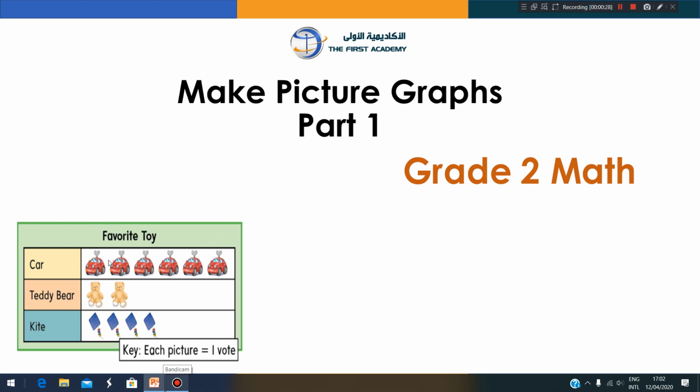A picture graph has pictures or drawings and also has a key. In this case, this key means that each picture is equal to 1 vote. So always be careful about the key. It's very important that you pay attention to the key. So let's go to the lesson.